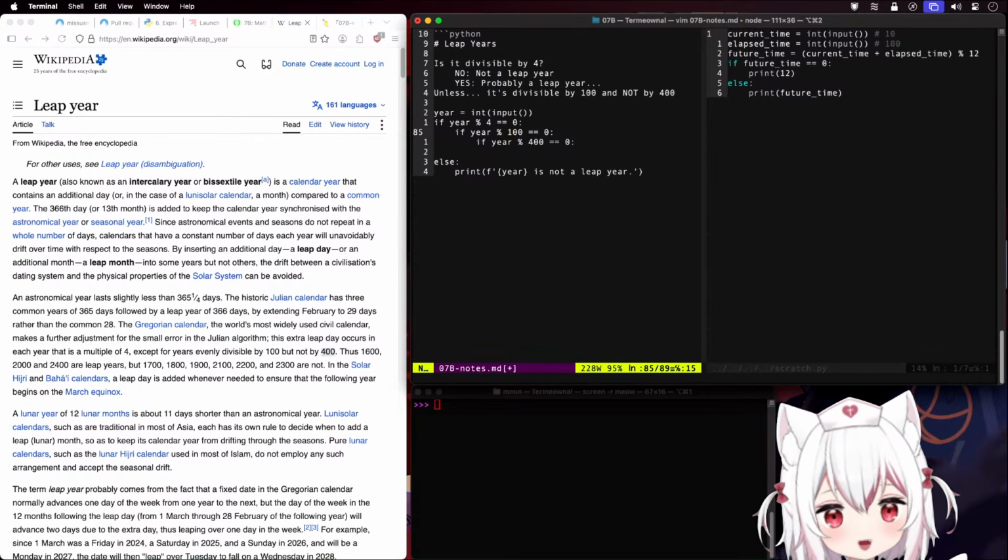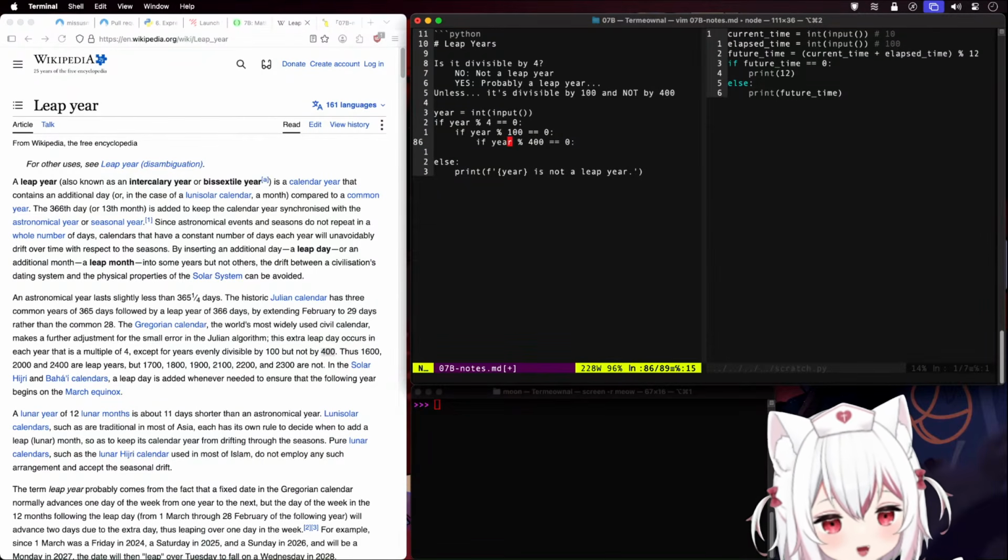I really hate doing nested if statements like this, but I'm trying to look for consistency here.